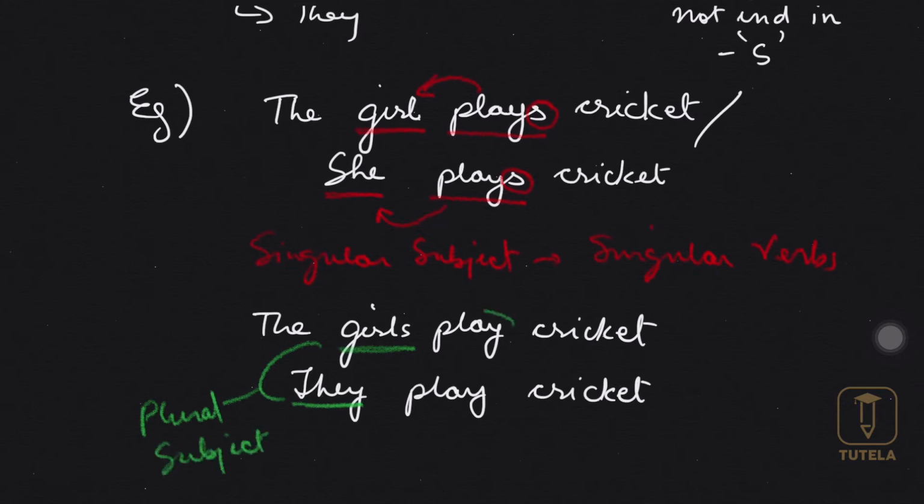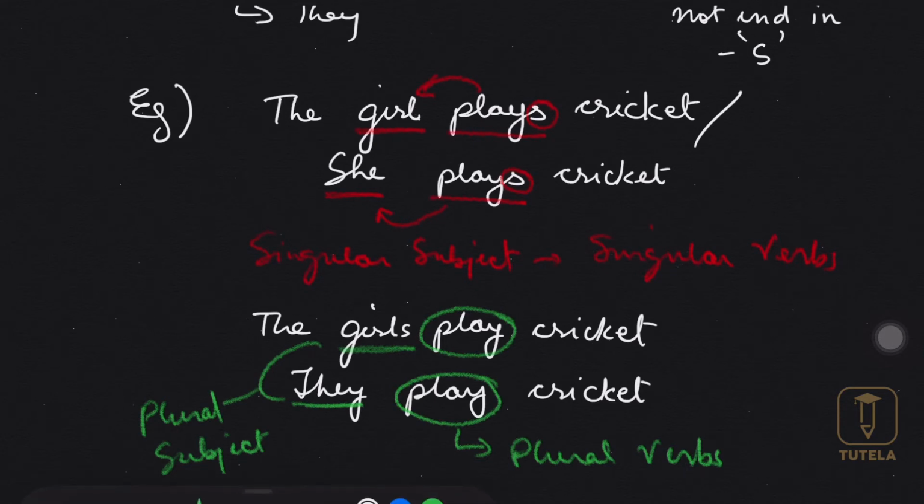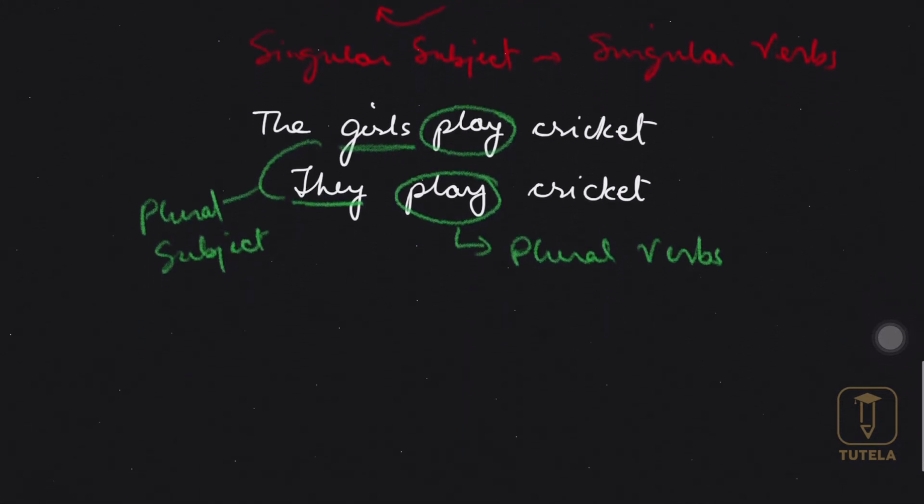And notice the verbs. They do not have an S. They are the plural verbs. This rule that we just studied is very commonly tested in the SAT or the ACT. Of course, there are other things that have to be remembered when it comes to working on subject-verb agreement questions.